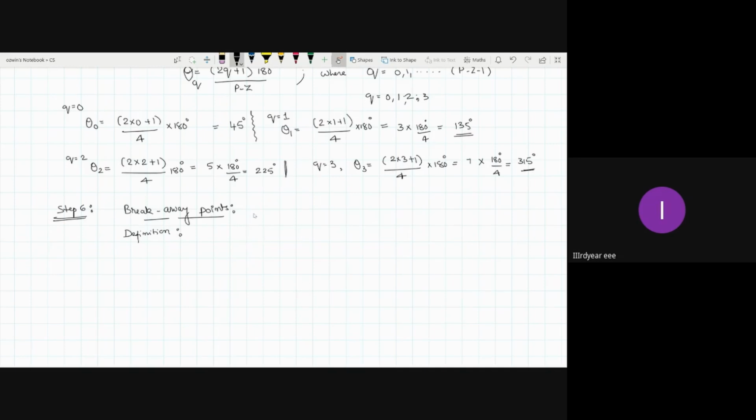You can also say that at a breakaway point, the system damping is 1 to some extent. Sometimes you will also get a complex breakaway point, so let me not make it a general statement. It is contextual and depends on the system type. Fine, so a breakaway point is the point at which two branches of the root locus meet.